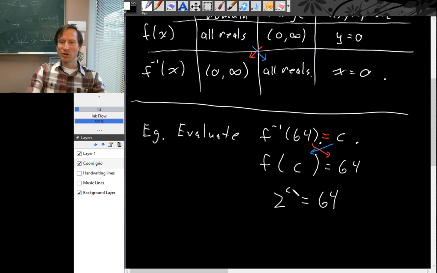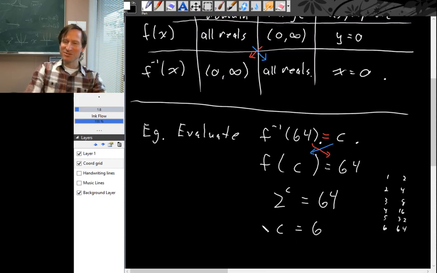So c is an exponent now, the exponent that we're putting on 2 in order to produce 64. Let's see, what exponent would that be? 2 to the first is 2, 2 to the second is 4, 2 to the third is 8, and then 16, 32, 64. So 3, 4, 5, 6. It looks like 2 to the 6th is 64, so c is 6.